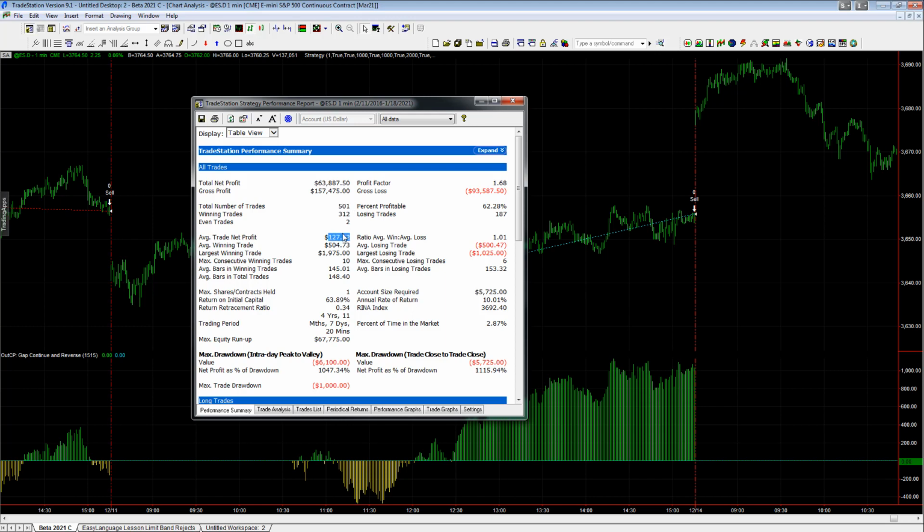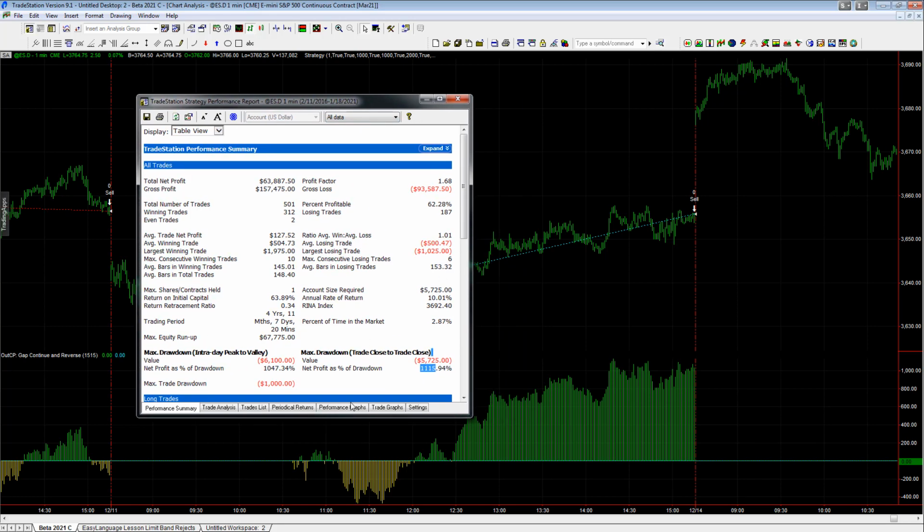This is with slippage and commission as well. This number is 62.28 instead of 63.13, and this is all through January the 15th. The max drawdown is 57.25 instead of 54.25. This number is 11.15 instead of 11.69. So very, very similar backtest results.